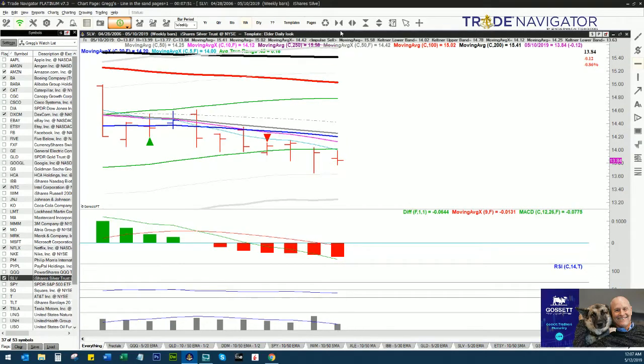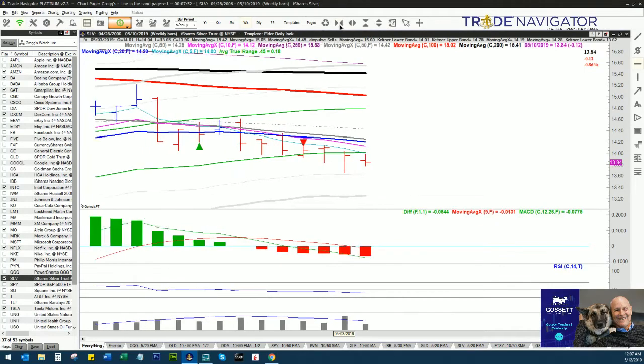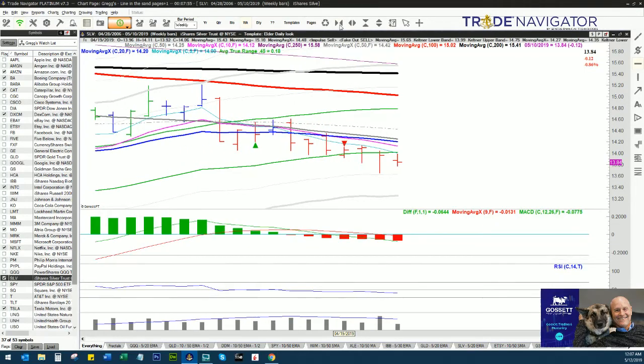Silver. If I had a really good setup on silver, is there anything on the weekly to show me that there's some kind of support? No, not really. I mean, we did almost test the second ATR channel down here, but we didn't thoroughly test it.